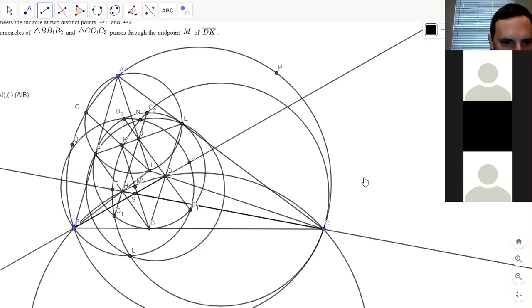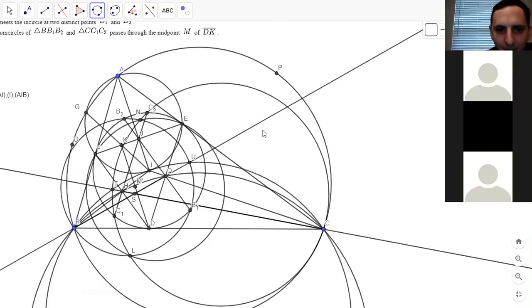And HC1 times HC2 is equal to HT times HC. So BTIC lies on the circle. So T will lie on the circumcircle of BIC. And the symmetric point U will lie on that circle as well. All right, wow, this is pretty cool.